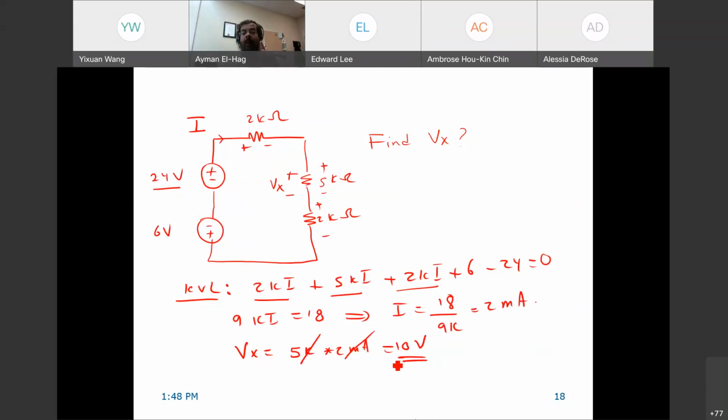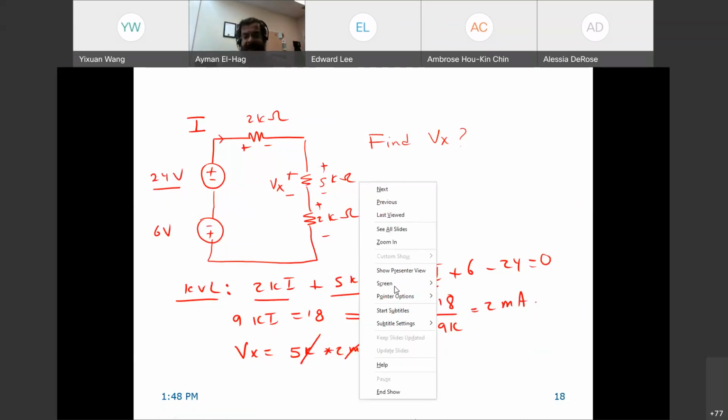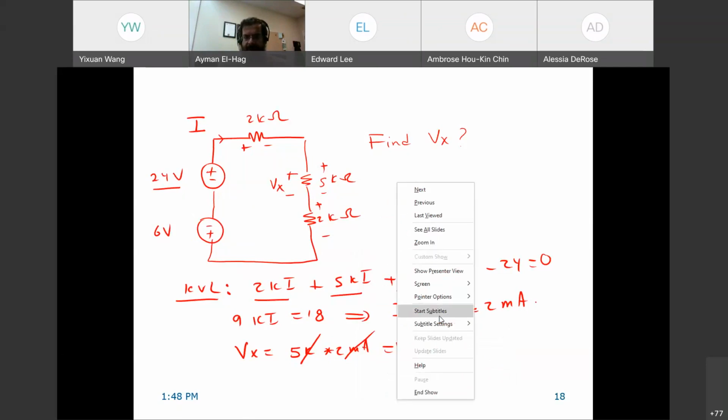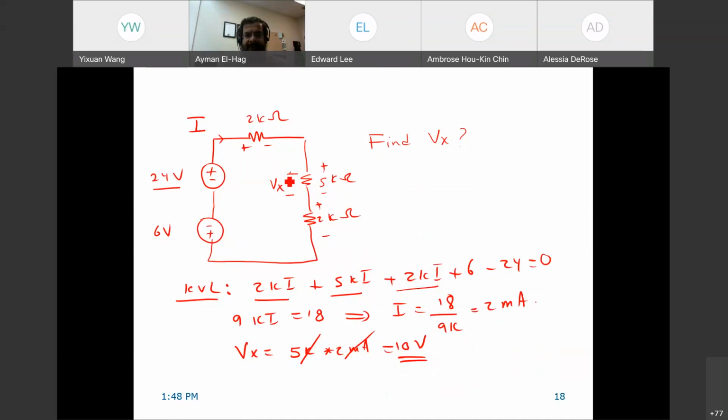Okay, now what would be the answer if the same question, everything exactly the same, but I make a little change here? The polarity of Vx is now plus minus.